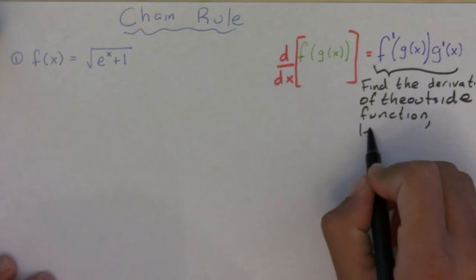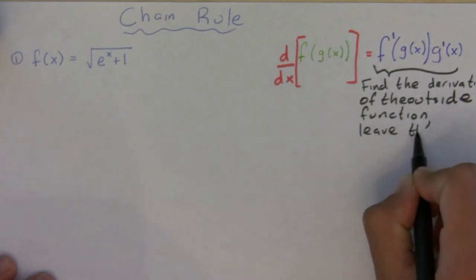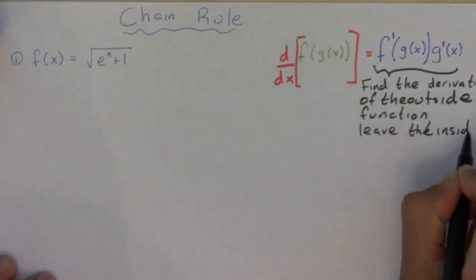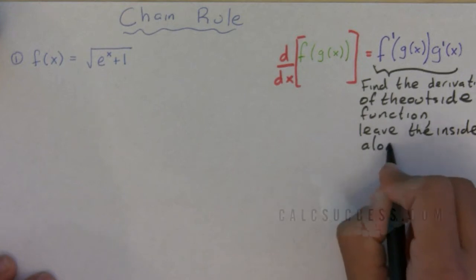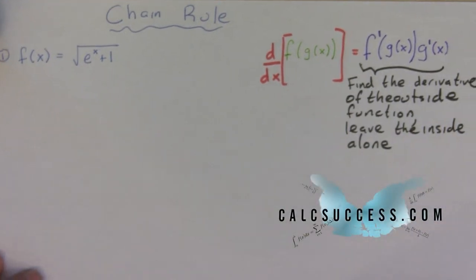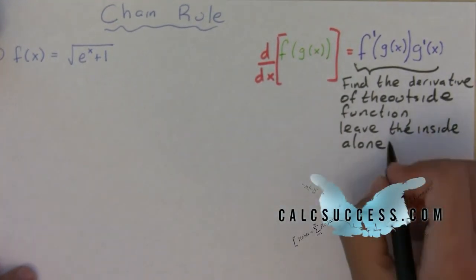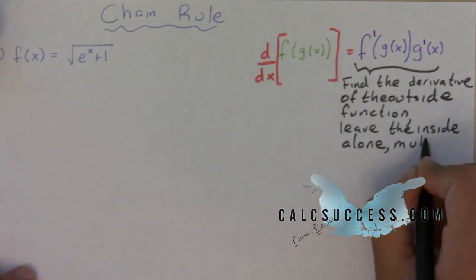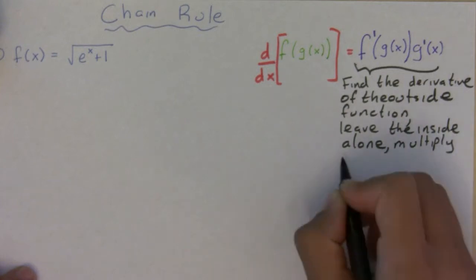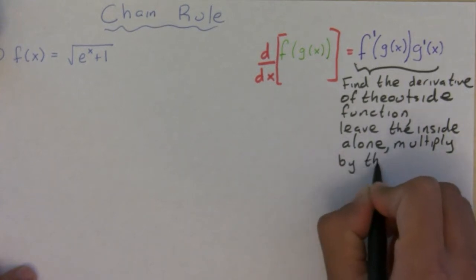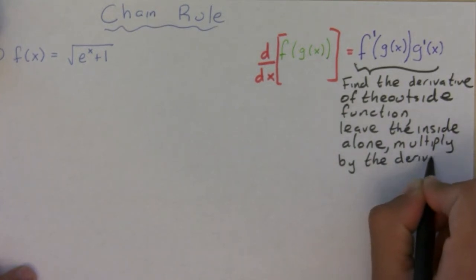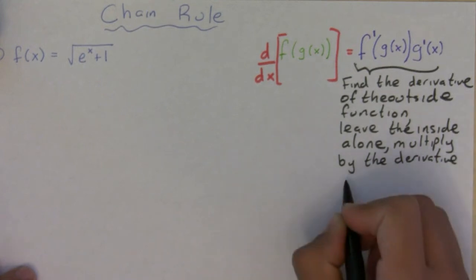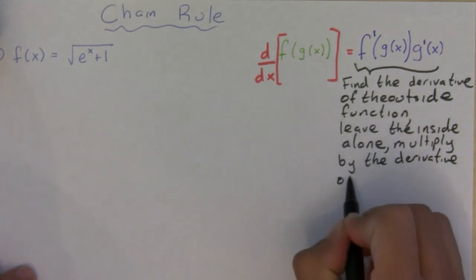Leave the inside alone. Then multiply by the derivative of the inside.